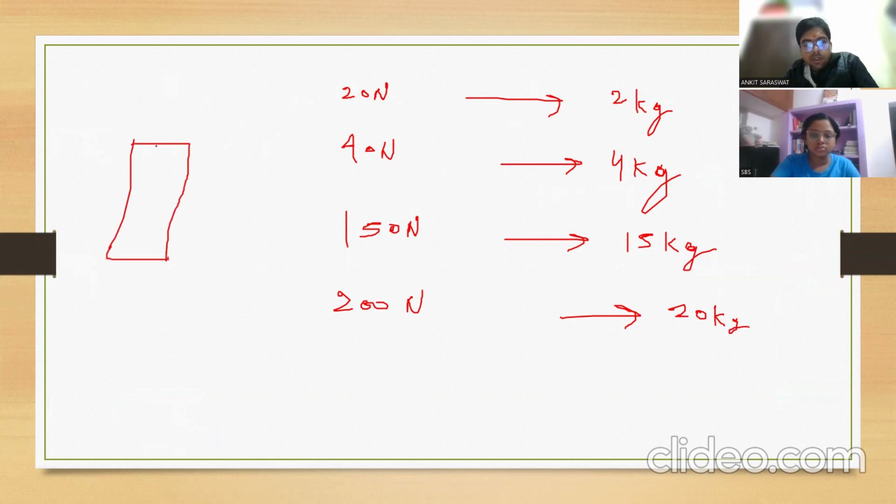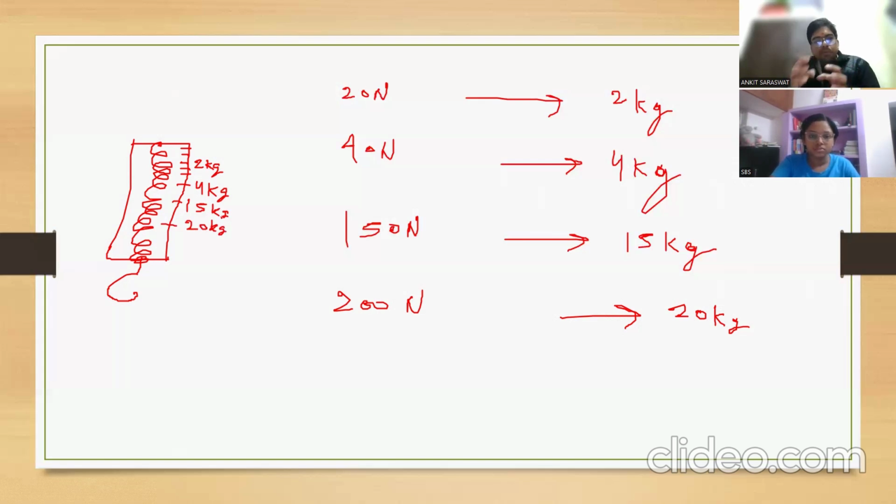I just attach one spring here and one pointer like this, and correspondingly I calibrate 2 kg, 4 kg, 15 kg, 20 kg, like this. This is known as calibration.